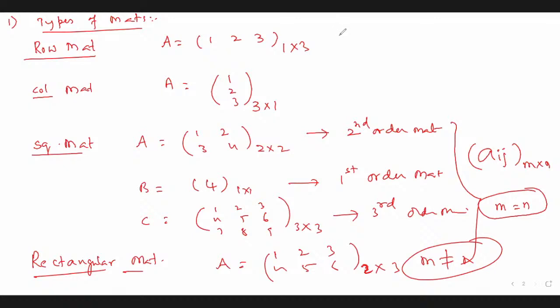That means capital A is equal to Aij of 1 by n. Only one row, n columns. And here, capital A is a matrix of m rows, 1 column.